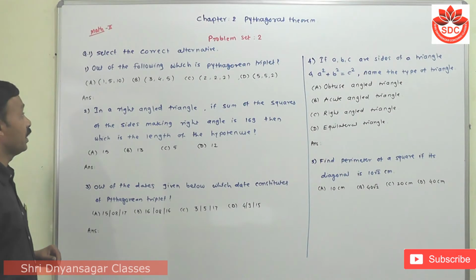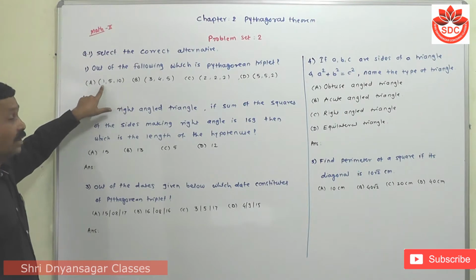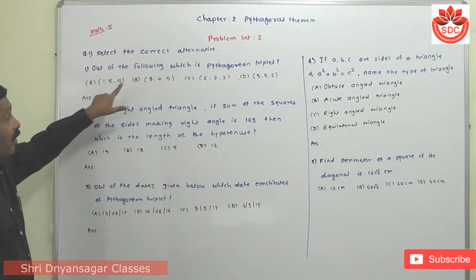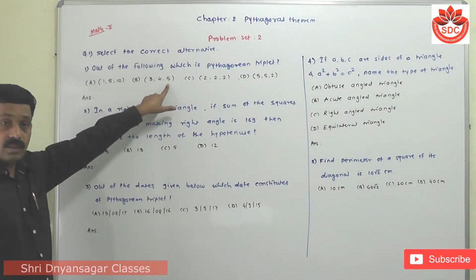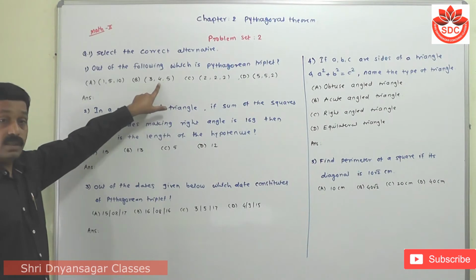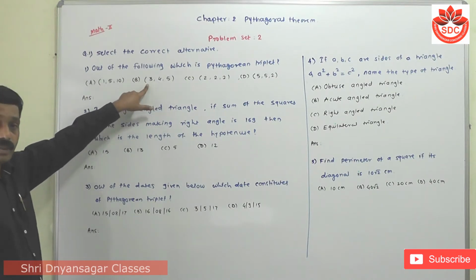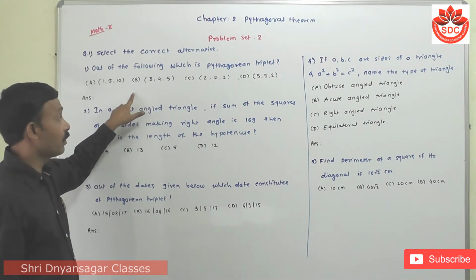Now if we take the square of 10, it is 100, and 25 plus 1 is 26, so this is not a Pythagorean triplet. Now observe carefully: the biggest number is 5, 5 squared is 25, 4 squared is 16 plus 3 squared is 9, so 16 plus 9 becomes 25. 25 is equal to 25, so this is a Pythagorean triplet.